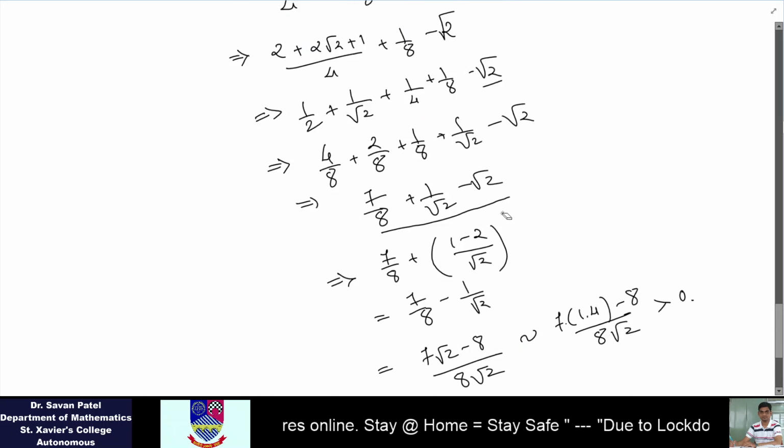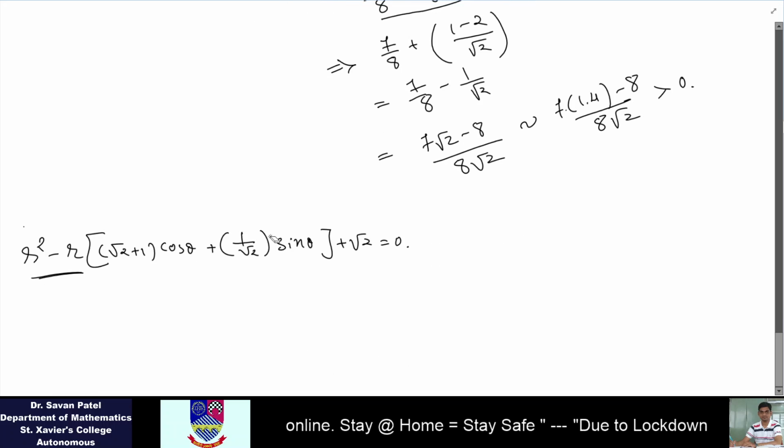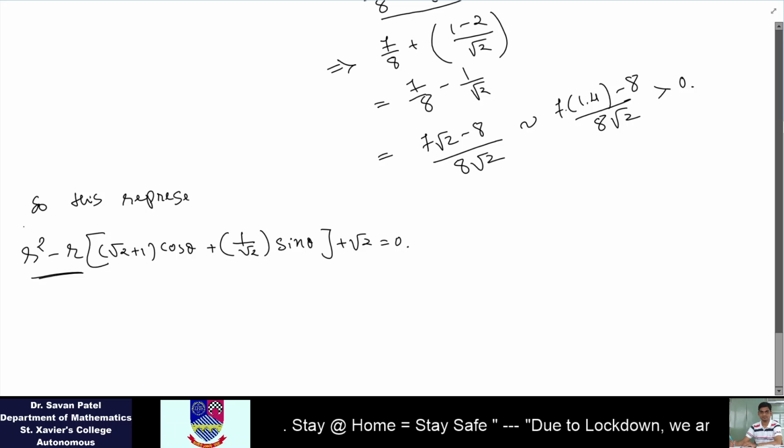One of the extreme points is given, that is 1, 0. So this represents a circle.